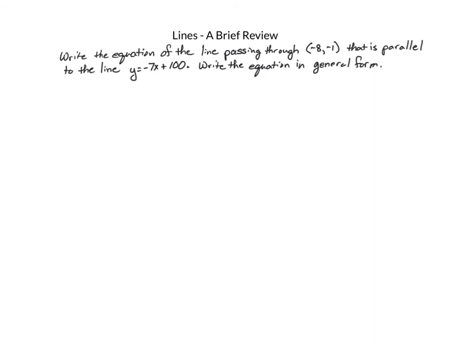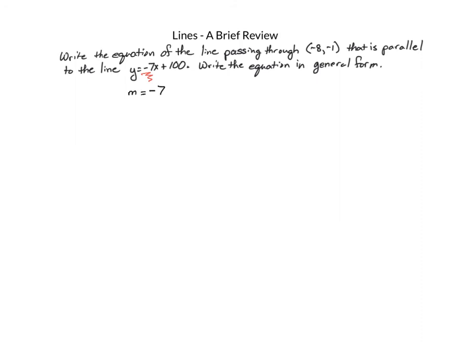So when we're being told that the line that we're to write the equation of is parallel to the line y equals -7x plus 100, we're being told it has the same slope. So notice right here, the slope is -7, so the slope of our line will also be -7.